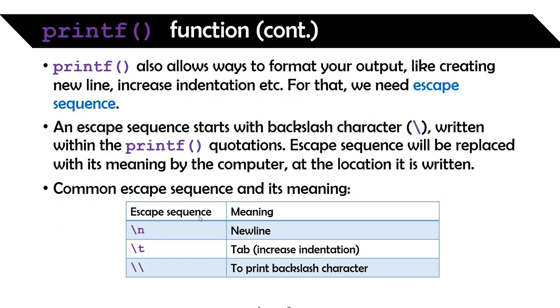This is what we call the escape sequence in programming. Whenever you see \n, this means the next line will be a new line. If you use \t, you will include a tab. The line will be tabbed. This is \\, which is to print out the backslash character.